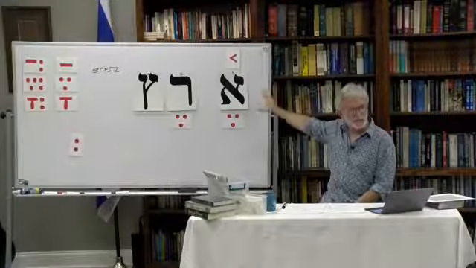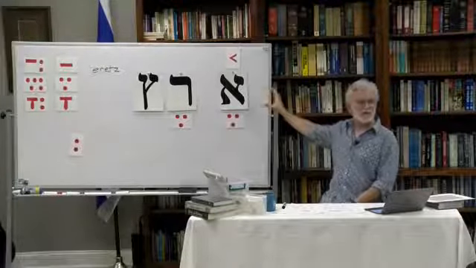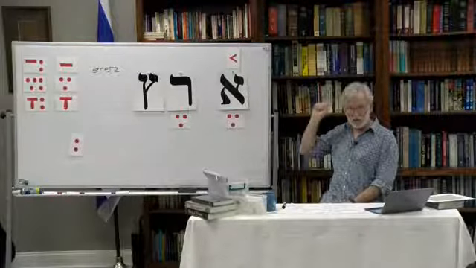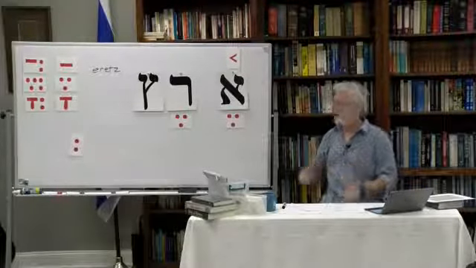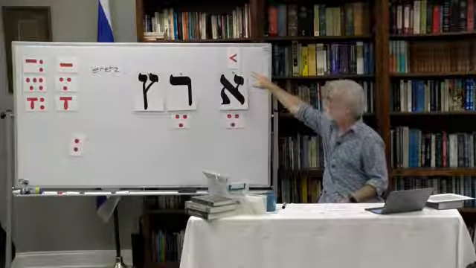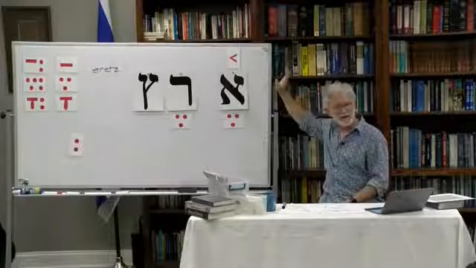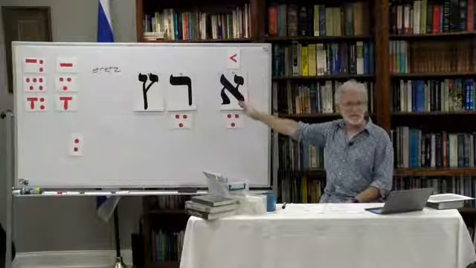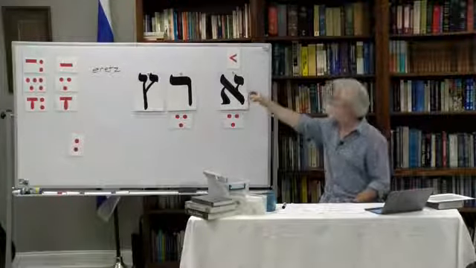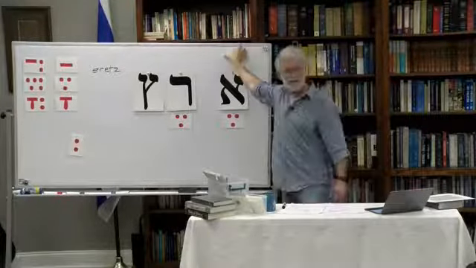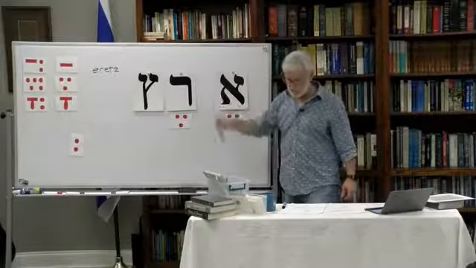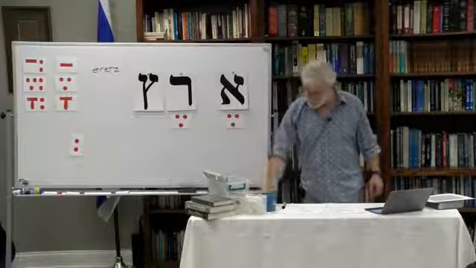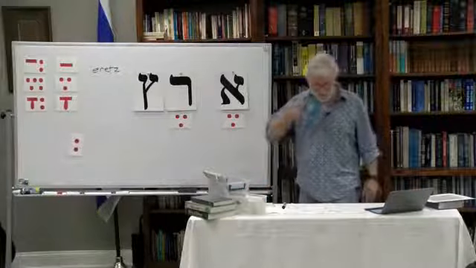So if you're looking at a word in the Hebrew Bible and you see this stress mark here, it's an indicator that the stress is not on the final syllable. Otherwise, if you don't see it, as we saw in Adam, the stress is on that last syllable, as is usually the case. Okay.